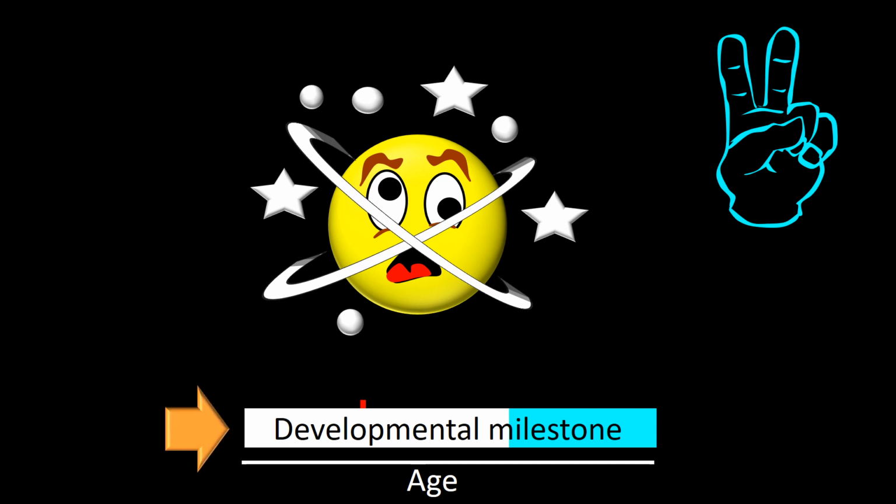The beginning of the bar, where the milestone is written, indicates the age 25% of kids have accomplished the stated milestone.